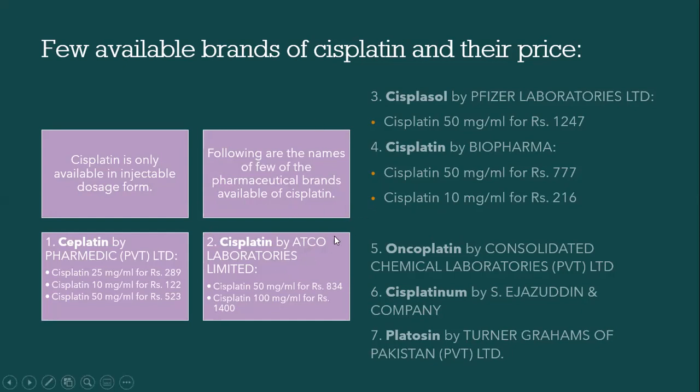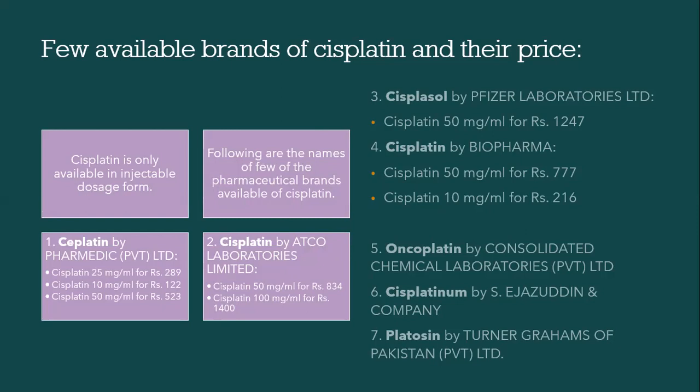Next, we have Cisplatin by Atco Laboratories Limited. They have 2 strengths of cisplatin available, which include 50 milligrams per ml and 100 milligrams per ml. Their price point is a bit higher than Pharmadic Private Limited. Their 50 milligram vial is available for rupees 834 and 100 milligram vial for rupees 1400.